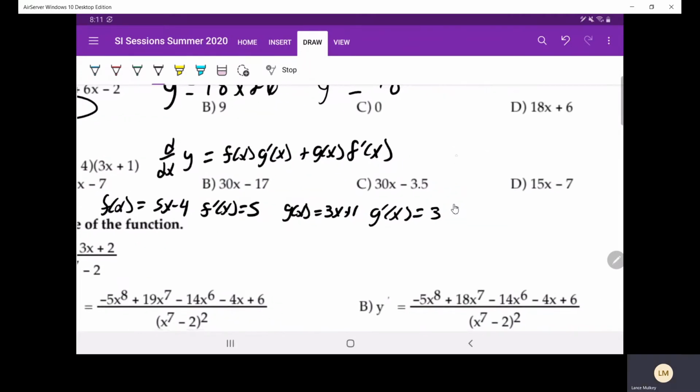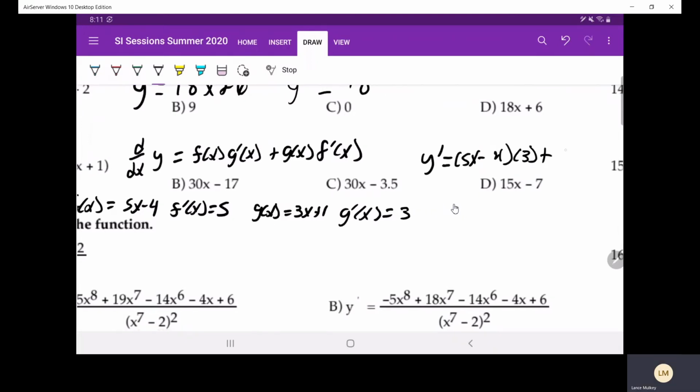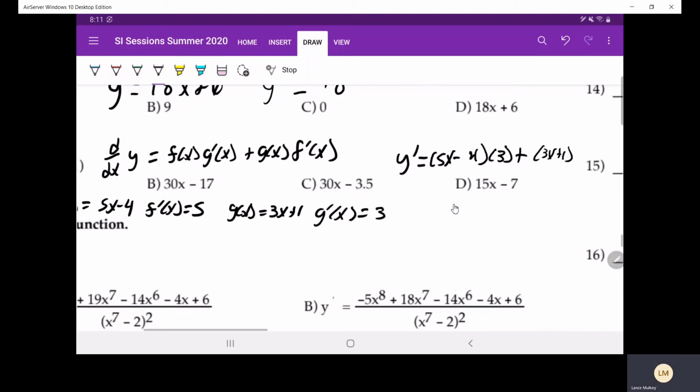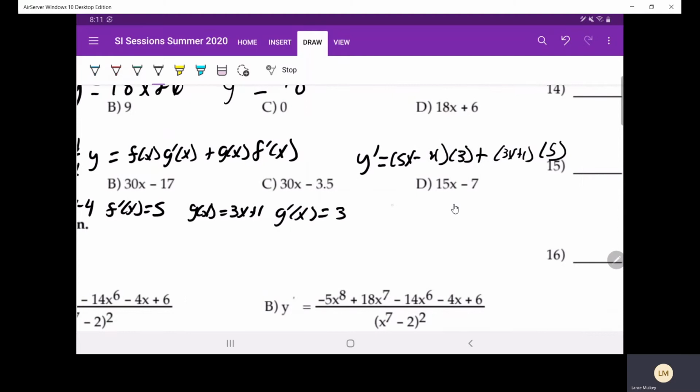So plugging it in, we have y prime equals 5x minus 4 times g prime of x, so 3, plus 3x plus 1 times 5, which equals 15x minus 4 plus 15x plus 5, which equals 30x plus 1.